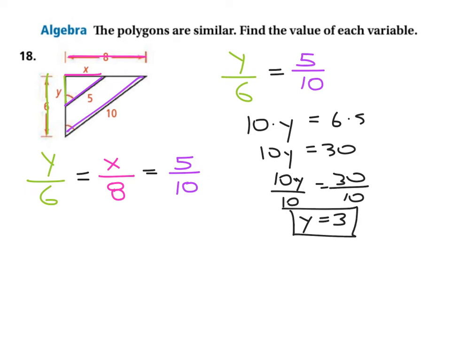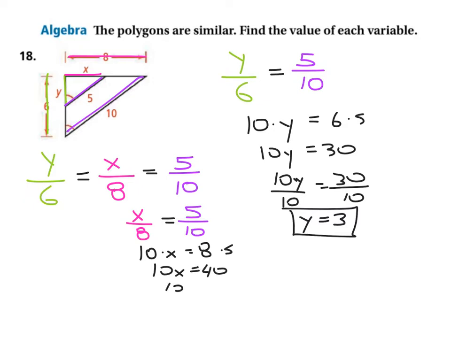And we can do the same thing again by saying, let's just take that and that without the green side. We don't need to compare the green side when we're doing this. And now we go 10 times x equals 8 times 5, or 10x equals 40.